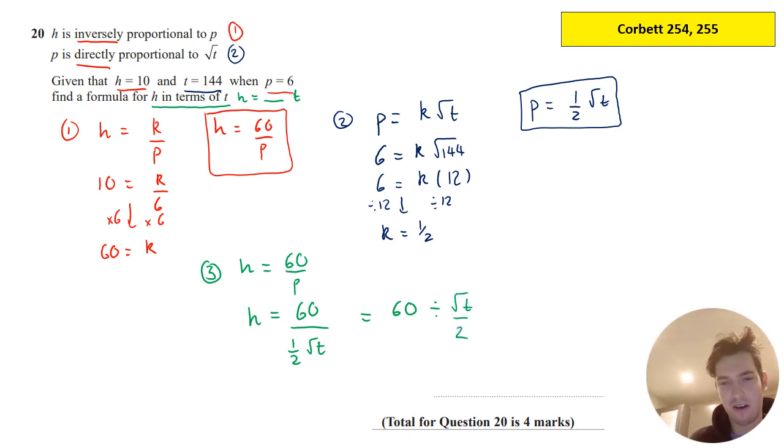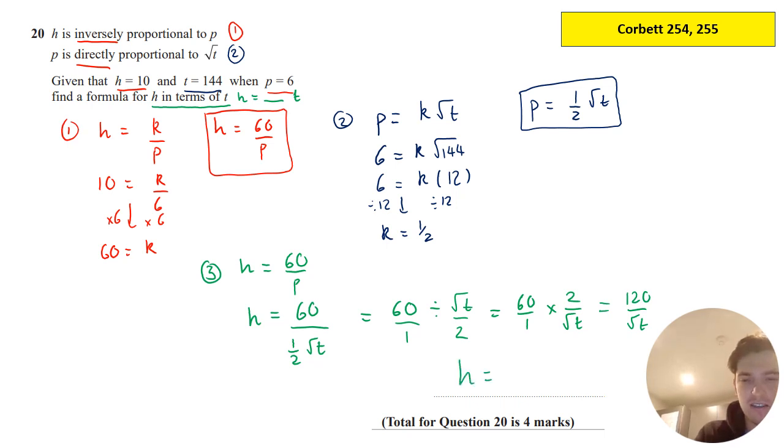And now I can kiss and flip. So 60 over 1 times 2 over root T. And this is going to be 120 over root T. So I could, if I wanted to, rewrite this as H is equal to 120 over root T. But if I wrote the first thing, then I would have gotten the marks anyway.